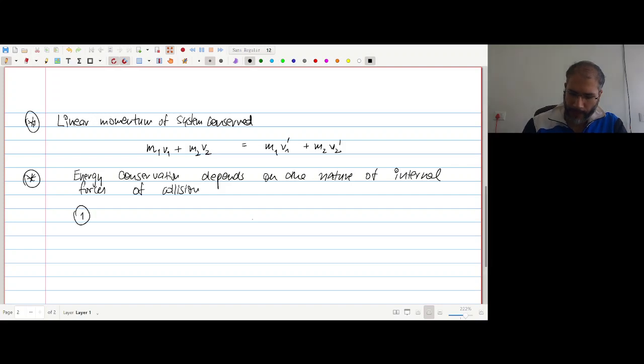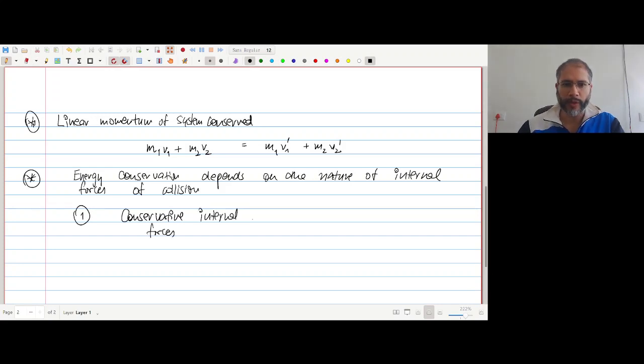So if the internal forces were conservative in nature, in that case we call the collision process elastic.